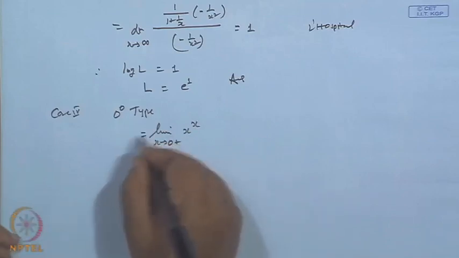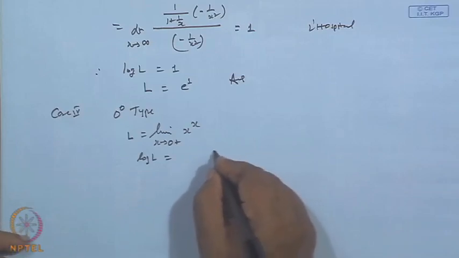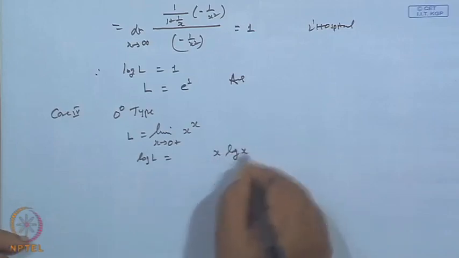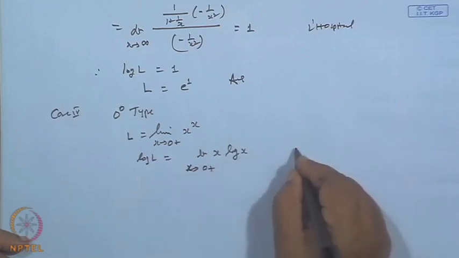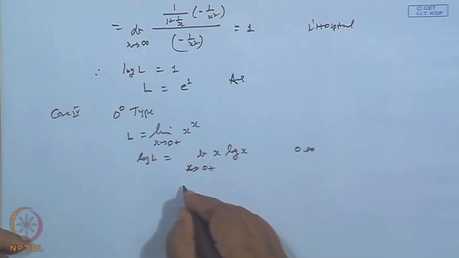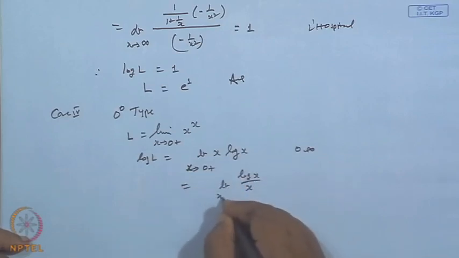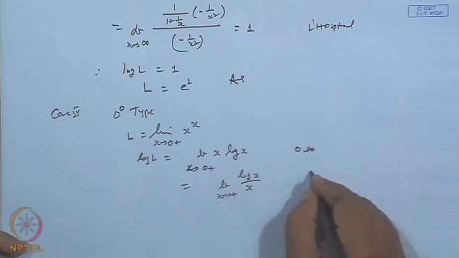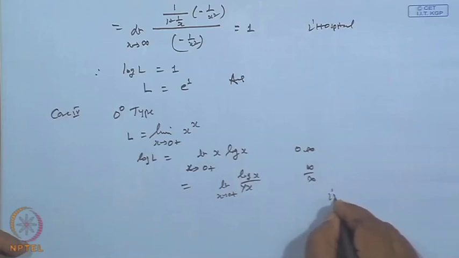Again in this case take the log, and when you take the log, the problem is reduced to the 0 into infinity case. Just like the previous one, we can take it as log x divided by 1 by x as x tends to 0 plus, which is infinity over infinity. Now apply L'Hospital's rule.